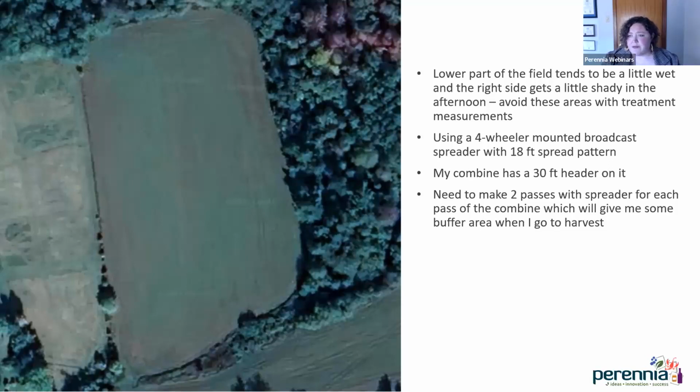And that's also going to give me a little bit of buffer room on the edge. So those are going to be the edges that we're not going to harvest initially. We're going to take a nice clean swath down the center, and then we can clean it up after we've collected those yield numbers.